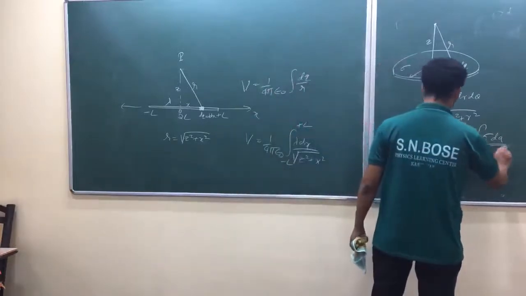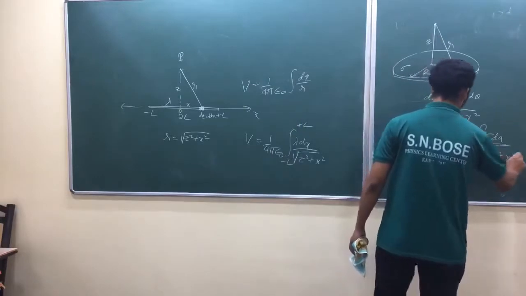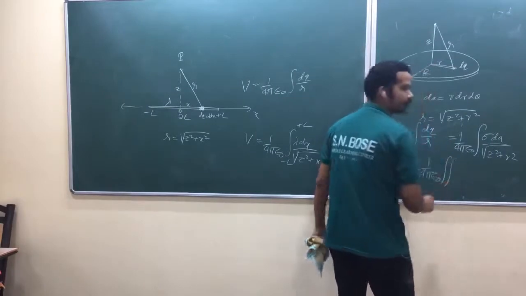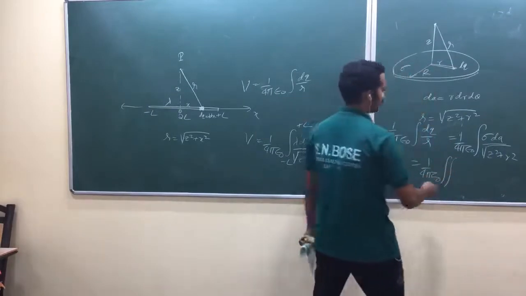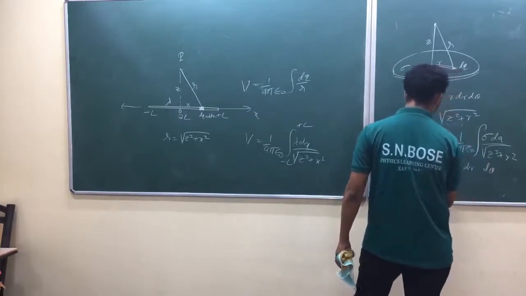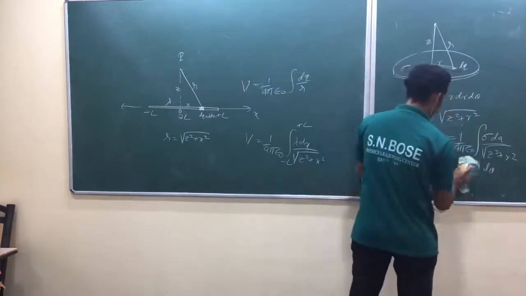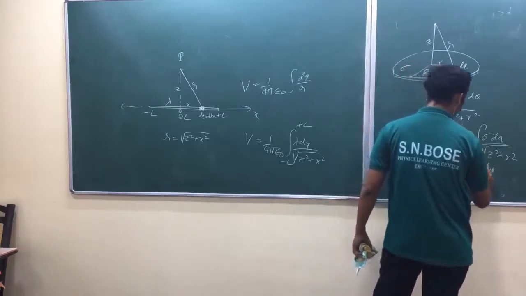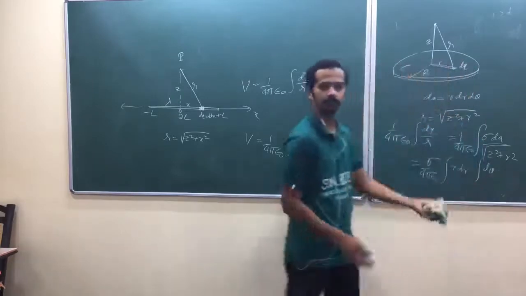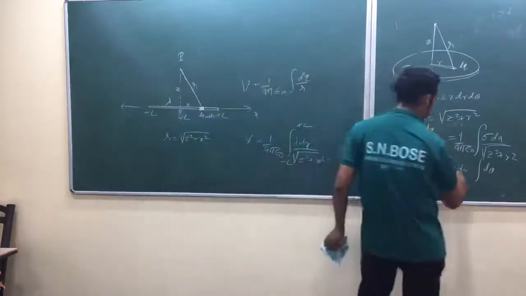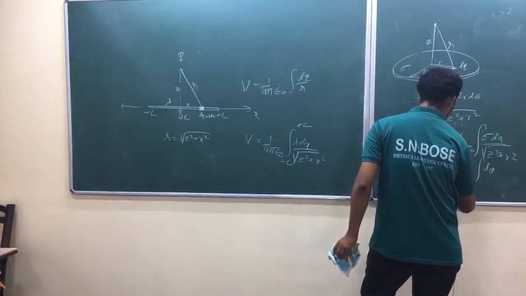Wait a second, it's actually a double integral. Why do you have dA? r dr d theta, with sigma outside. You can do the r integral one side, r dr, and the integral of d theta on the other side, because there is no theta functionality. So that's why r dr divided by root of z square plus r square.